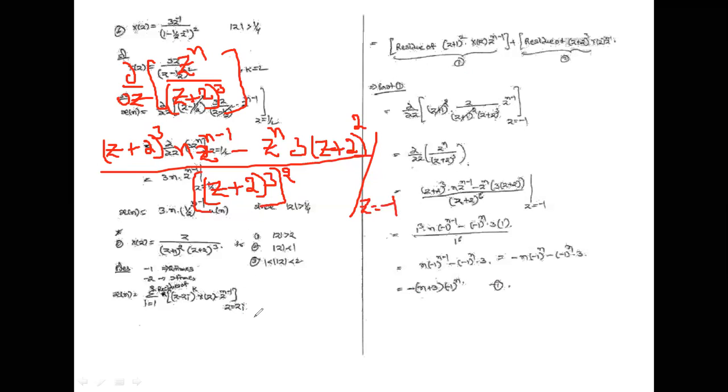Got it, my students? Now we apply minus 1 here. So 2 minus 1 is 1 cube.